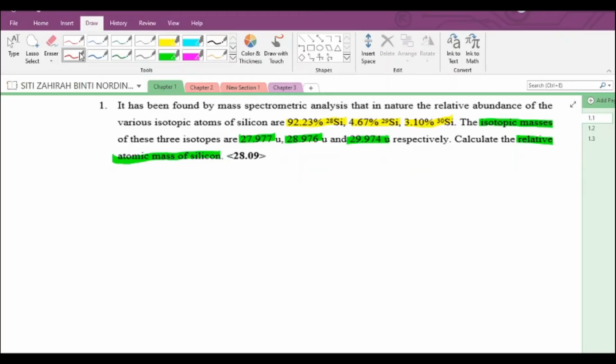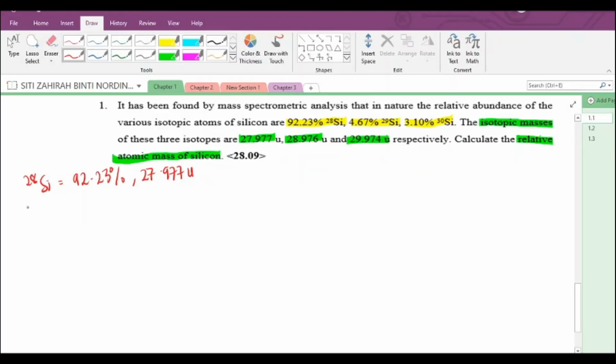The first thing that we want to do is separate the information respective to each isotope. For silicon-28, the abundance would be 92.23% and the mass would be 27.977.